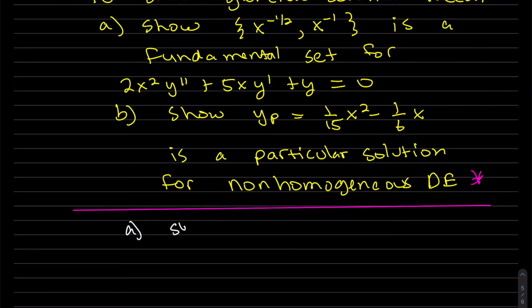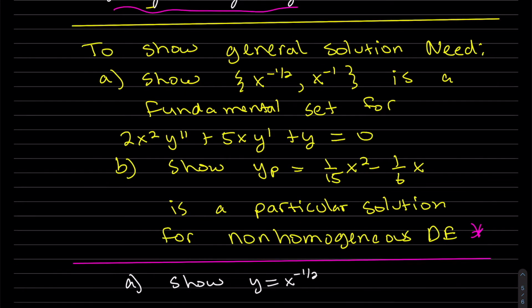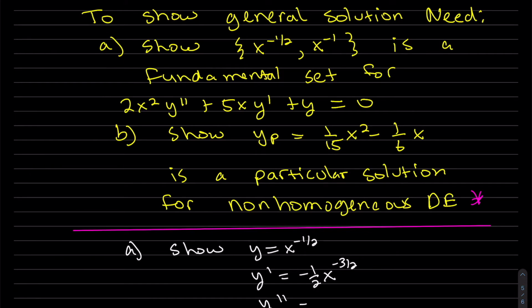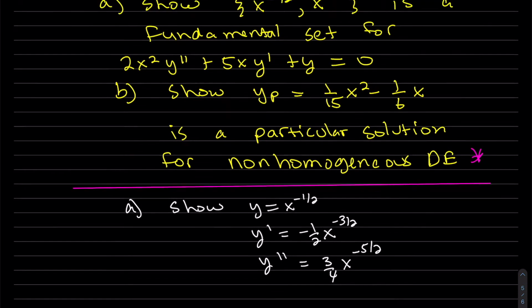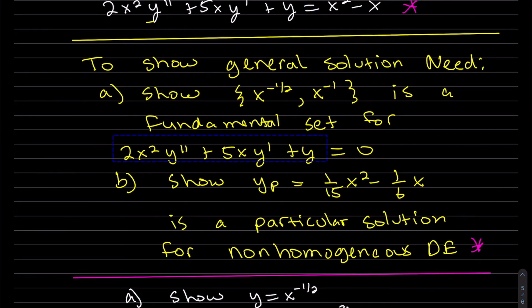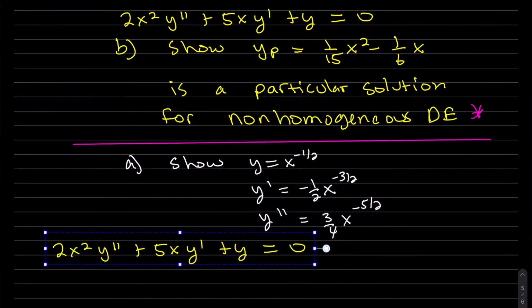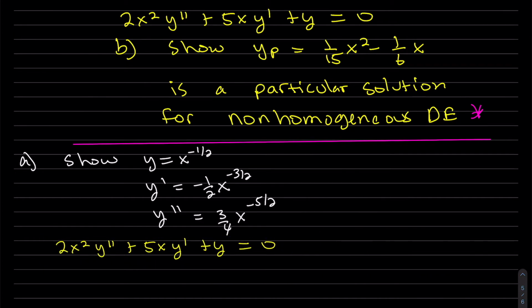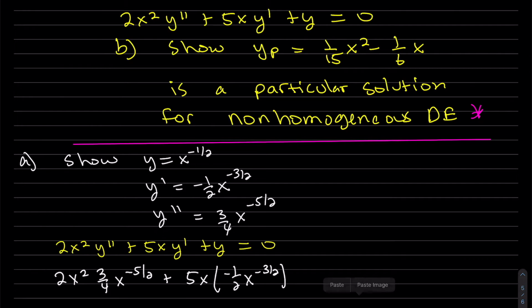We need to show y equals x to the 1/2 is a solution. So we need to plug in the first derivative and the second derivative. Let's plug it in. We only need to plug it into this one, the homogeneous. Then that's y prime, and then plus y.